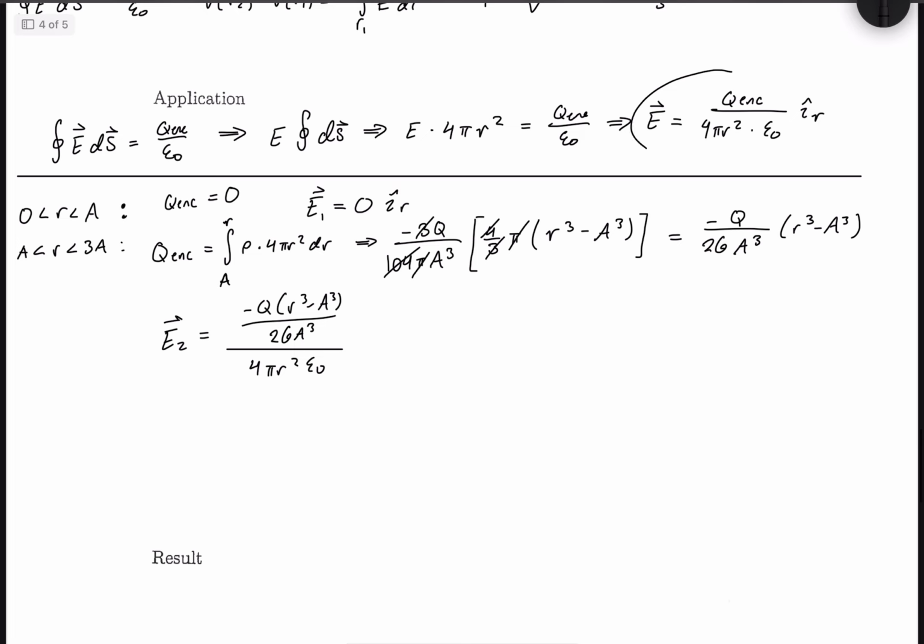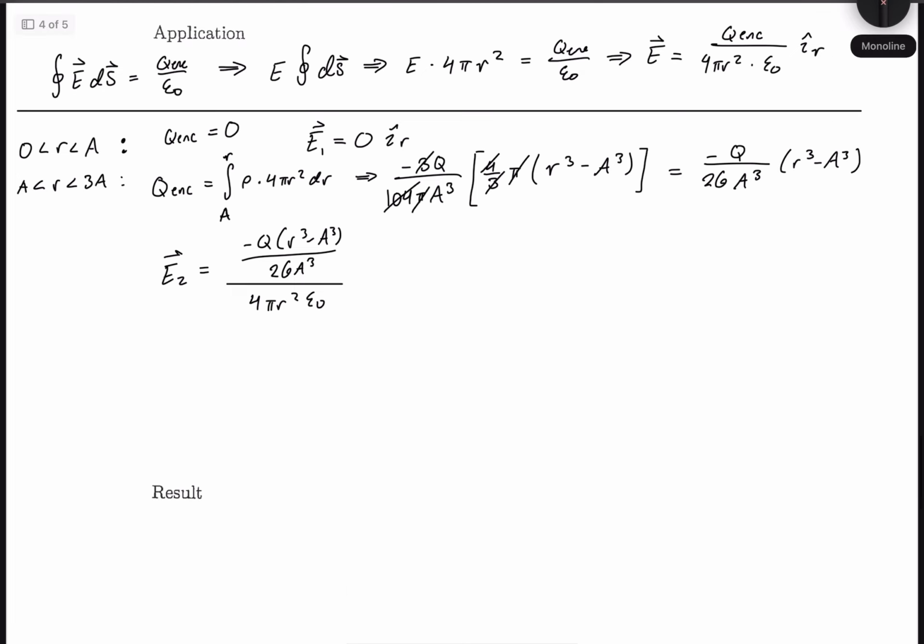So we're just plugging it into this equation here. That will end up being negative q r cubed plus q a cubed over 104 pi r squared a squared epsilon naught.